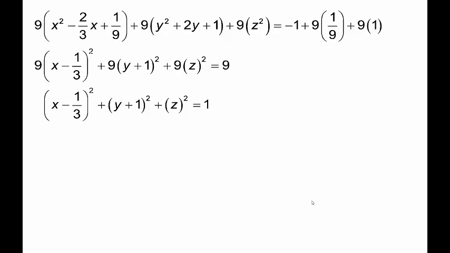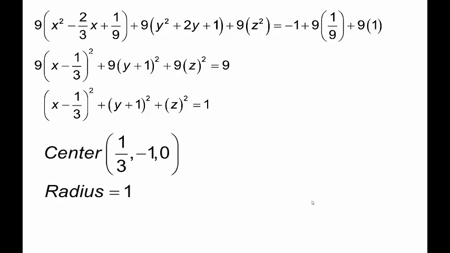When you pull out the center points, remember you change the sign. So this is going to be 1/3, negative 1, 0. And then the number on the end is the radius squared. So if I take the square root of 1, that's going to be 1. So our center is 1/3, negative 1, 0, and a radius of 1 for this sphere.